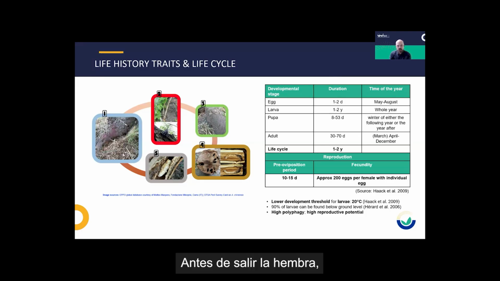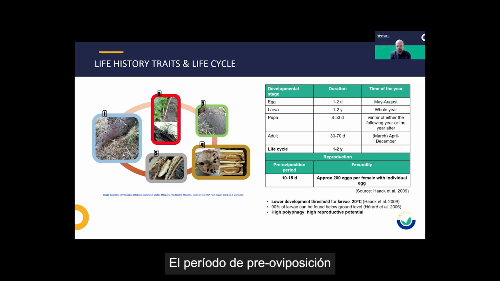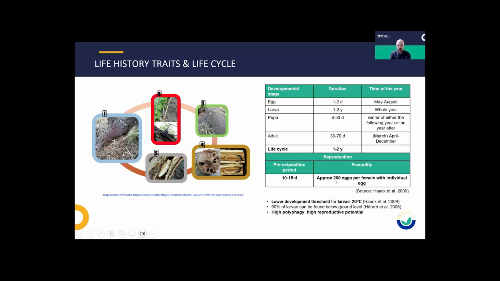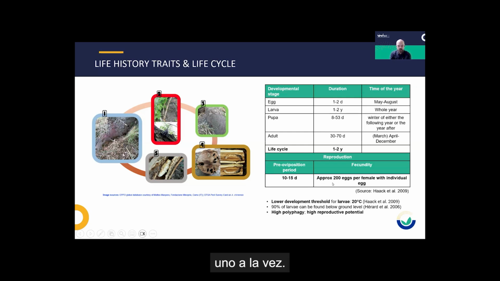Before the female comes out, of course, she cannot lay fertile eggs straight away, so the pre-oviposition period is 10 to 15 days. The fecundity, which is how many eggs the female can lay, is 200 eggs, and she lays only 1 egg at a time.